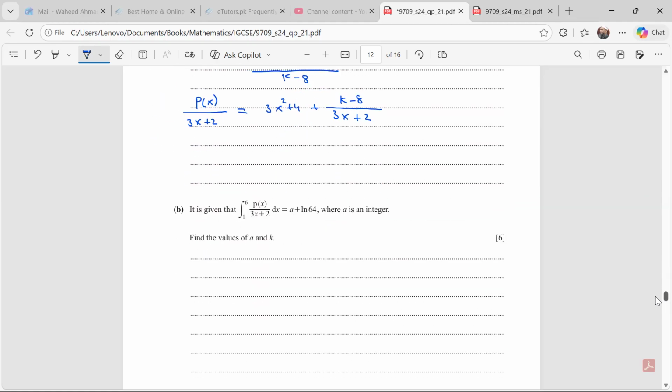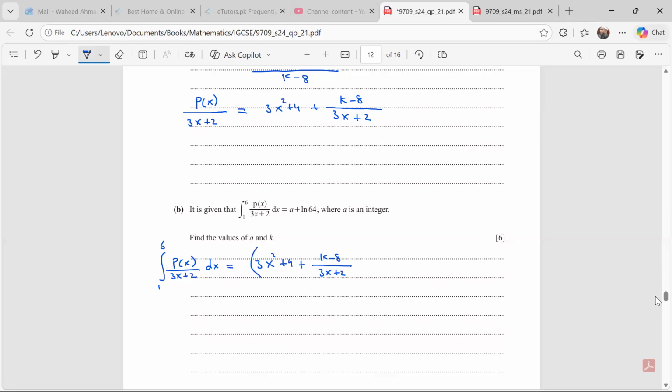It is given that this integral of p(x) over 3x plus 2 is equal to a plus log of 64. So we need to find the value of a and k. First of all, this expression p(x) over 3x plus 2, its integration from 1 to 6 dx, is the same as this whole thing, 3x squared plus 4 plus k minus 8 over 3x plus 2.